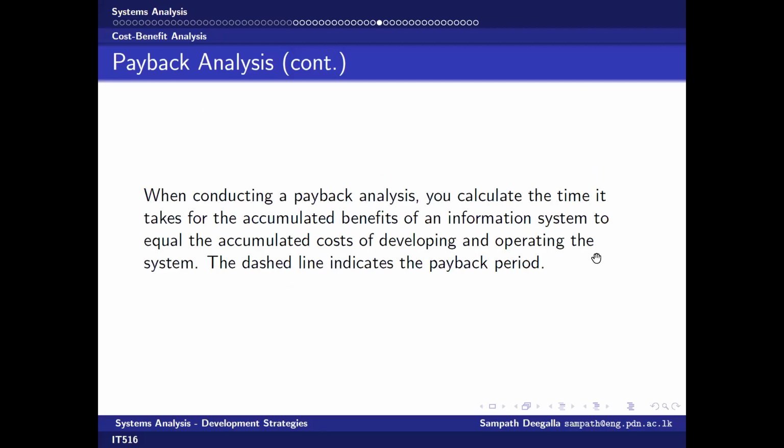So what you need to calculate is the time it takes for the accumulated benefits of the information system to equal the accumulated cost of developing and operating the system. So you can see in the previous one, the dash line indicates this.